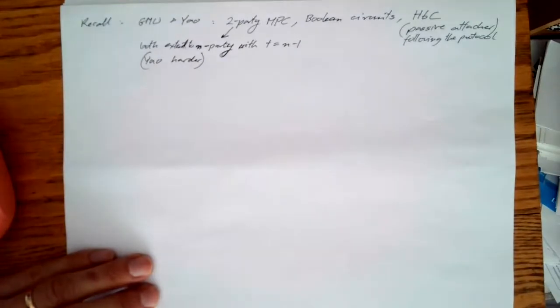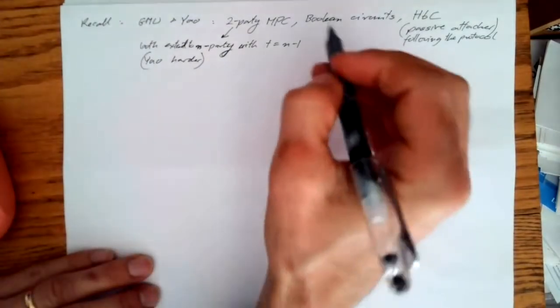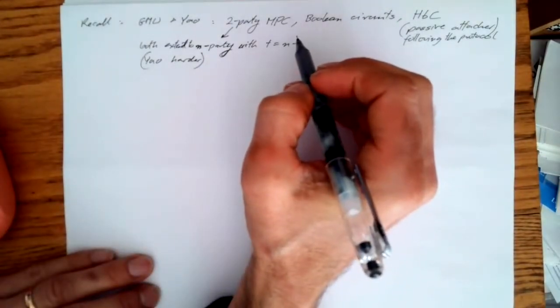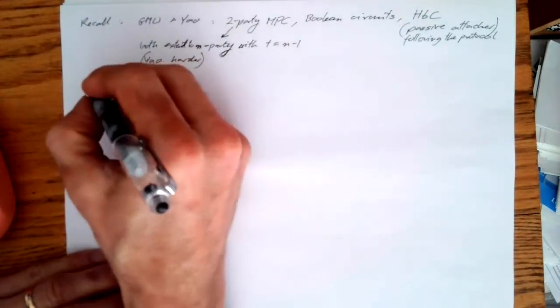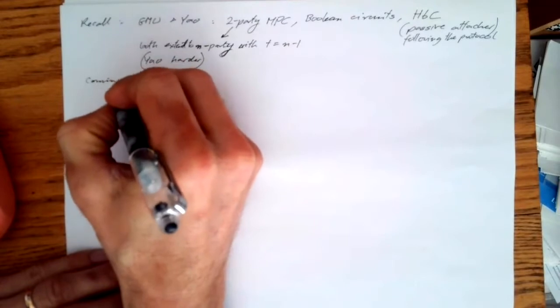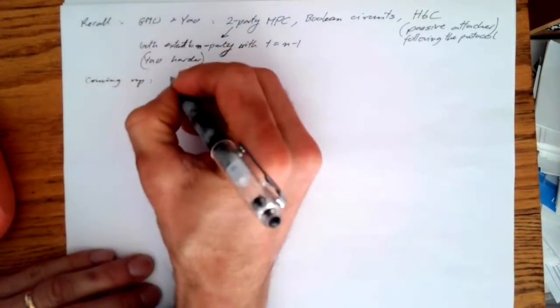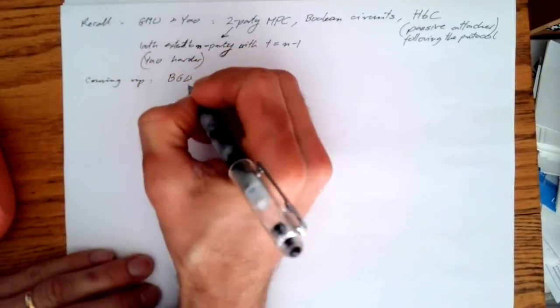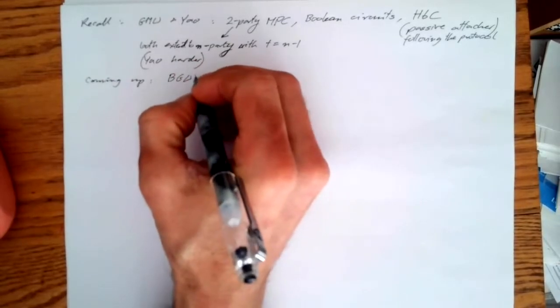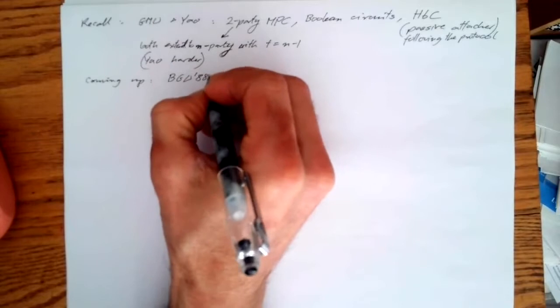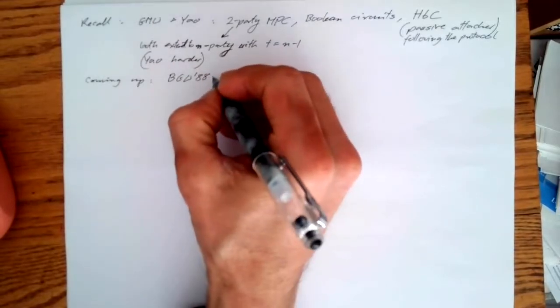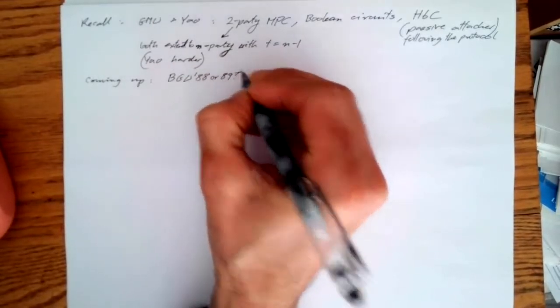Okay, so the other branch coming up is the BGW, Ben-Or, Goldwasser, Wigderson, I think 88 or 89. Okay, I forgot.